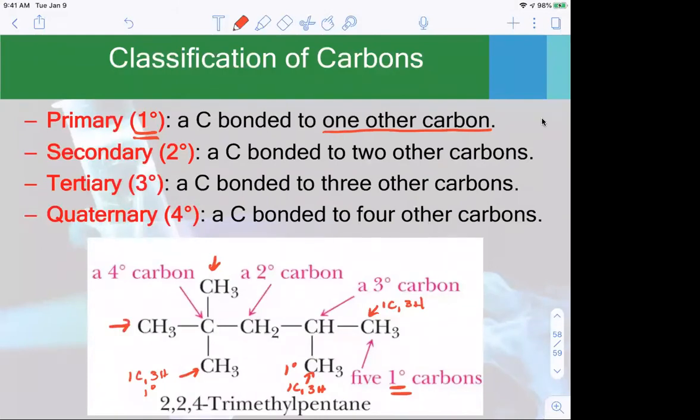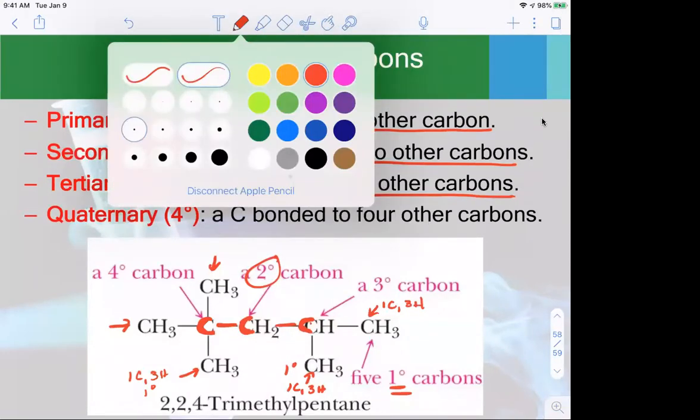Let's look at secondary. A carbon bonded to 2 other carbons. Well, look at this guy. I have my first carbon, my second carbon, 2 other hydrogens. That would be secondary. Tertiary. A carbon bonded to 3 other carbons. Tertiary is here. I'm going to use a different color.